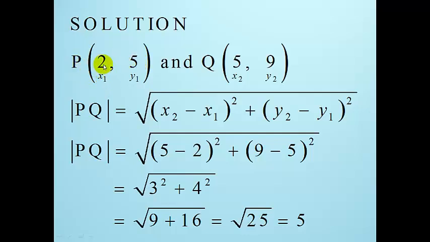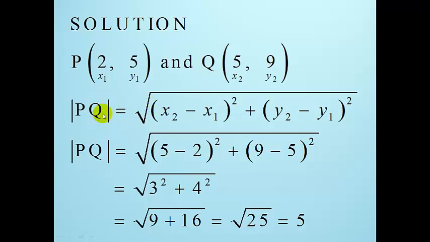So x1 is 2 and y1 is 5. Because for every point, the first value is your x coordinate and the second value is your y coordinate. So for the point P, x1 is 2 and y1 is 5. Now for the point Q, (5, 9), x2 is 5 and y2 is 9.